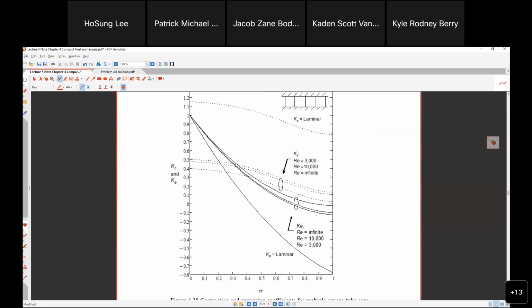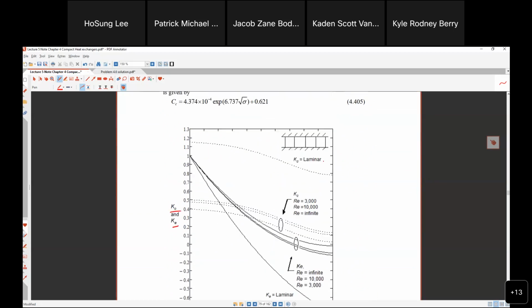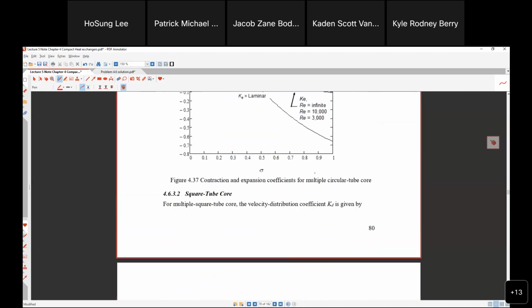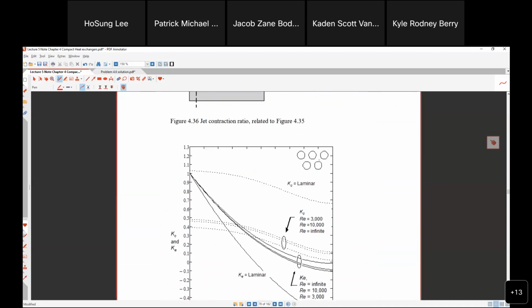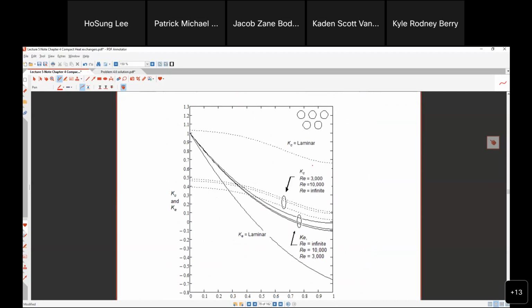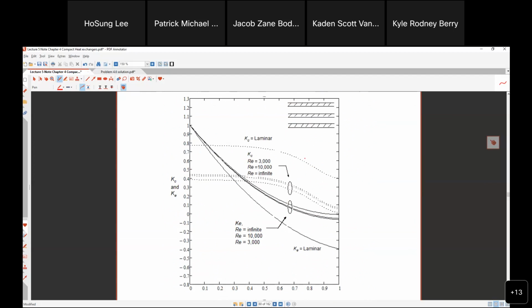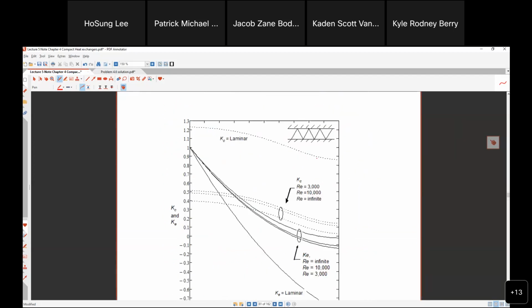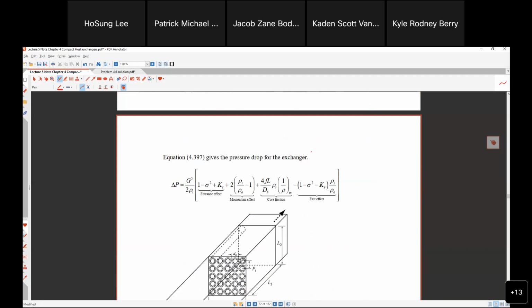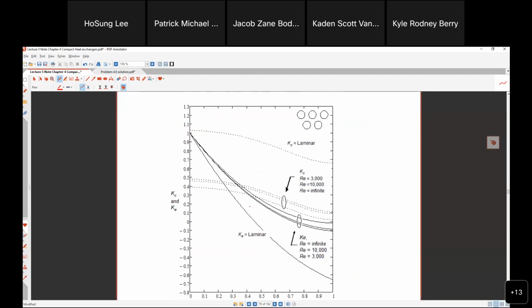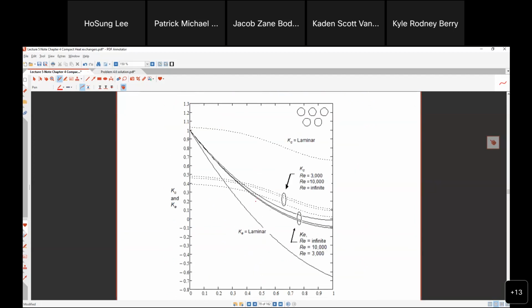In my book, I developed K_E and K_C for square channel, round circular channel, like Kays and London did, and also flat plate, triangular, and rectangular. This is circular. So we have equations. Look at that.